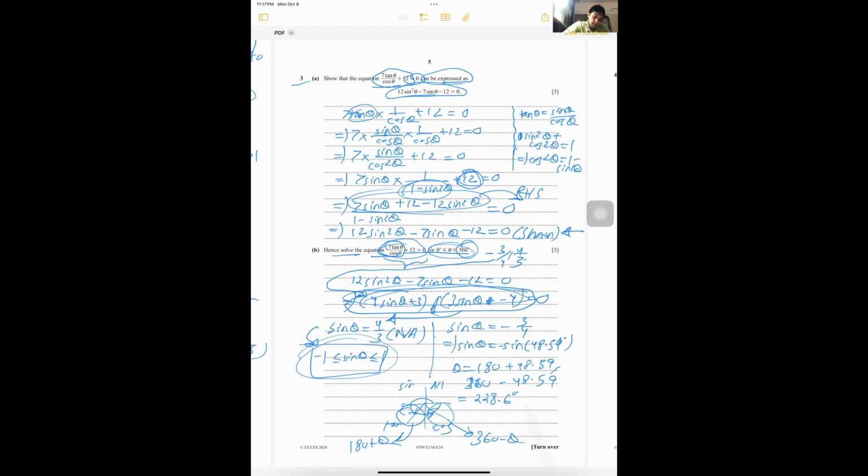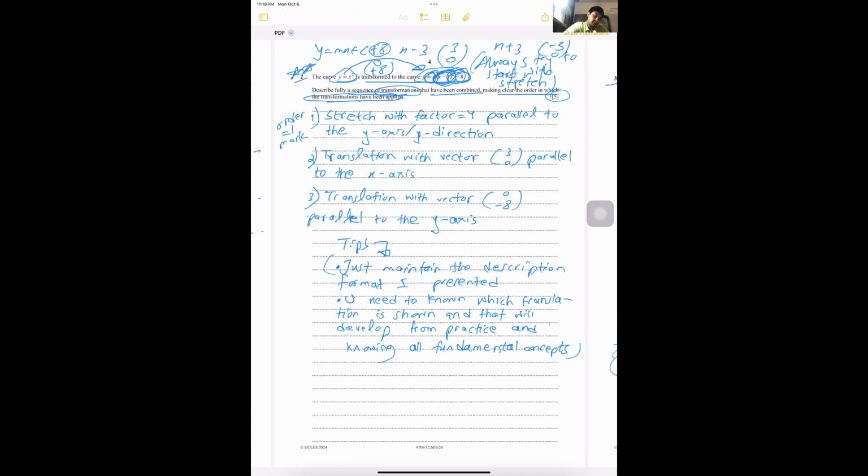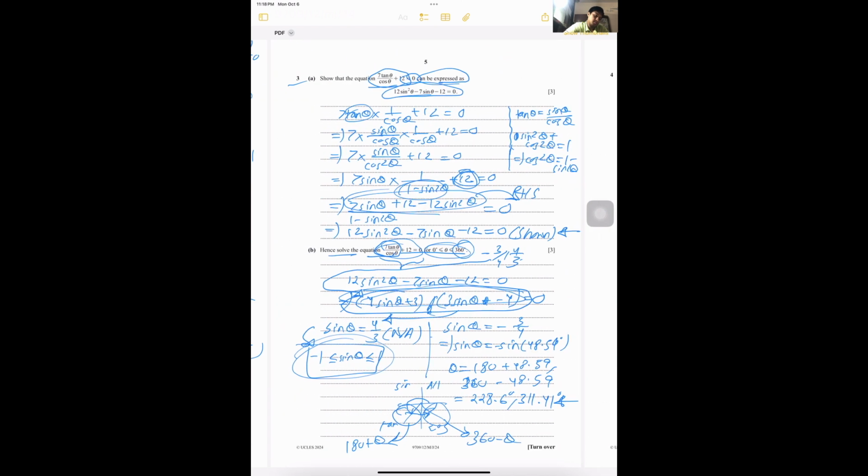Try to keep it 1 or at maximum 2 decimal places, and the other one is 360 minus 48.59, which is 311.41 degree. So that is the solution to question 3.